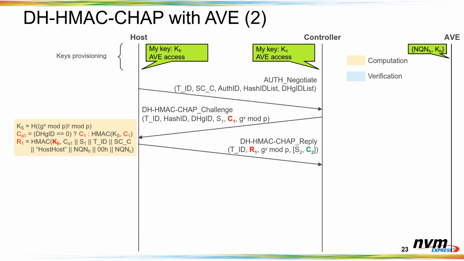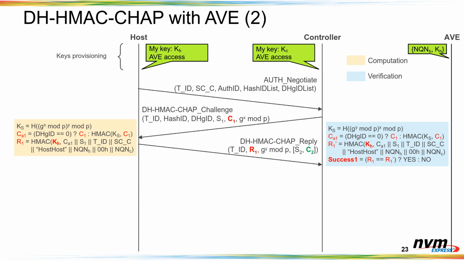Sorry, nothing changes. The host sends an AUTH_Negotiate, we get a challenge back with a challenge C1, the host computes a response R1 that is passed to the controller. Once the response R1 arrives to the controller, this is what the controller was supposed to do: compute the expected response and verify if the received response is equal to the expected response.